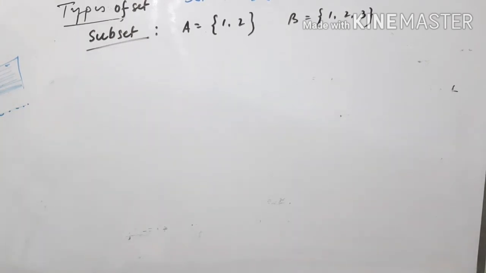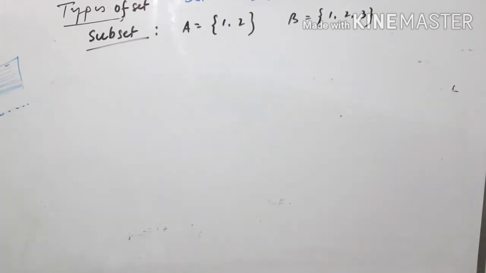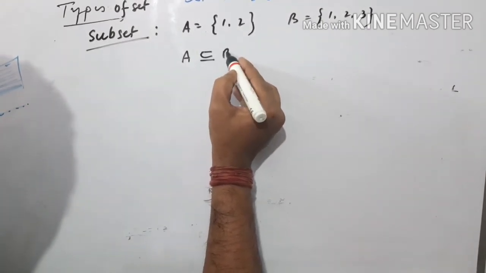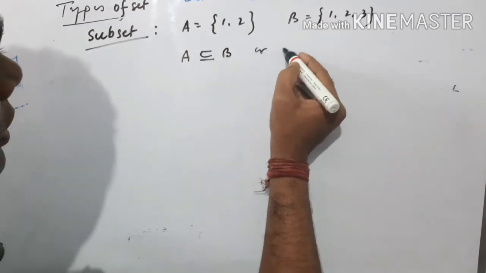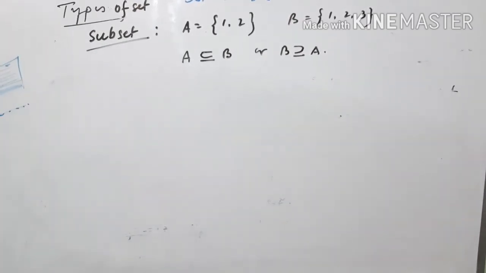If every element of set A is an element of set B, then A is called a subset of B. Again I am telling, if every element of set A is an element of set B, then A is called a subset of B. This is denoted by A, this symbol, which is called an inclusion symbol, B, and read as A is contained in B, or you can write B inclusion symbol A, which is read as B contains A. So this symbol is called the inclusion symbol, and see that the larger set is always placed at the open end of the inclusion symbol.